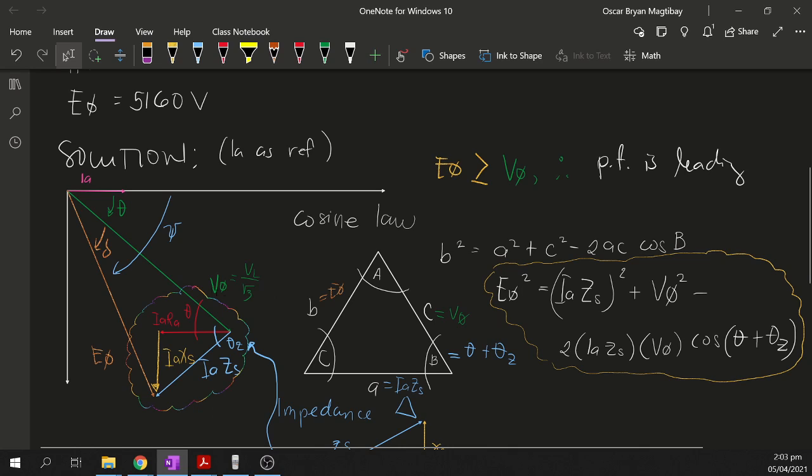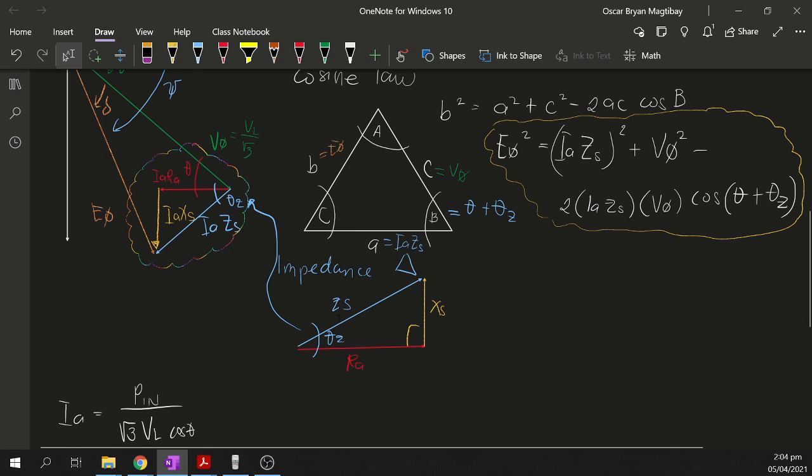Ngayon, saan nakuha itong theta z? The theta z is the resultant angle of the two drops natin, yung armature resistance drop at saka synchronous reactance drop. And ang resultant niyan is yung tinatawag nating synchronous impedance drop. And that is IA Zs. Ngayon, paano natin nakuha, sir, yung theta z?